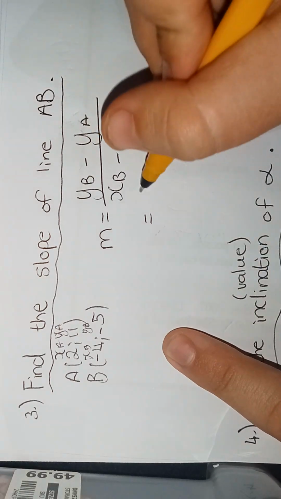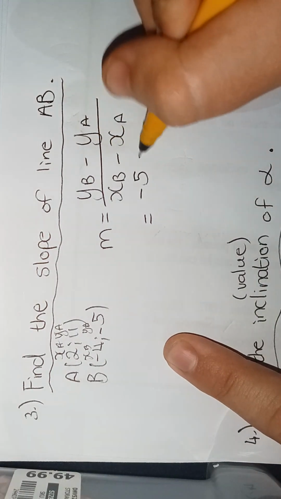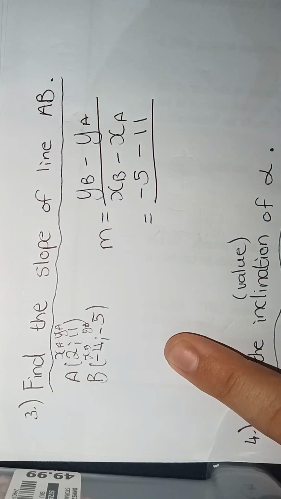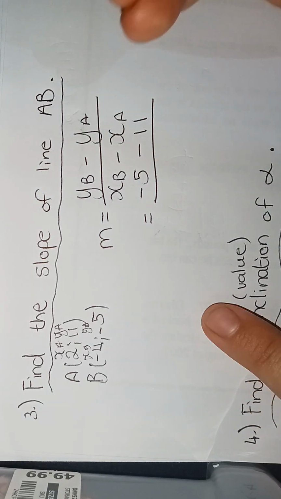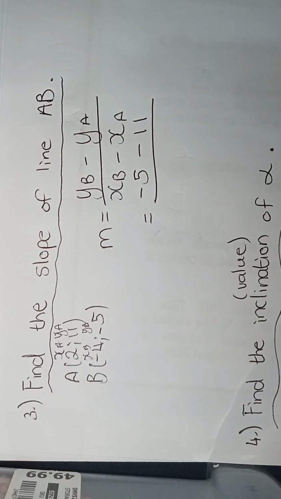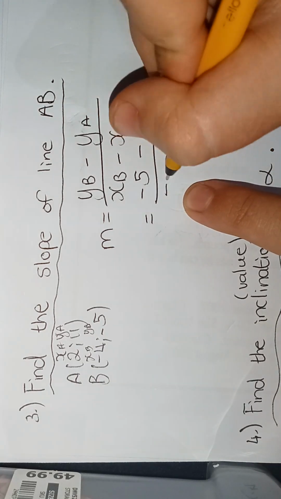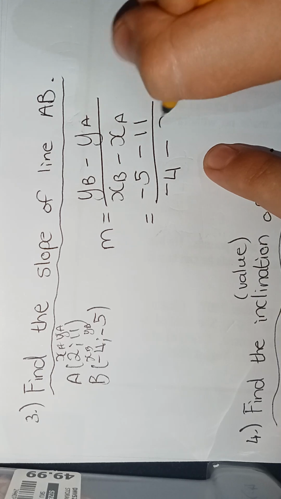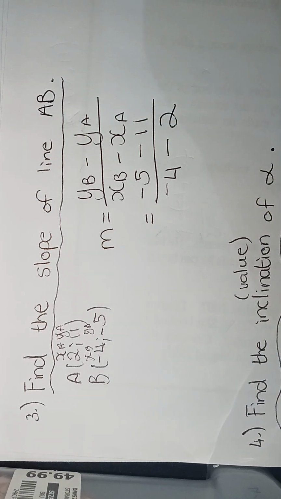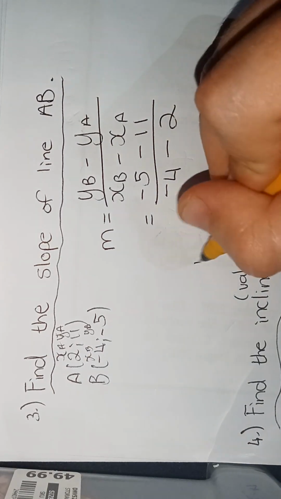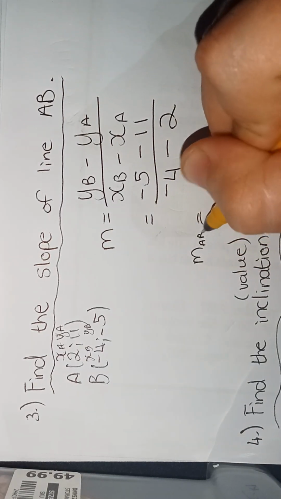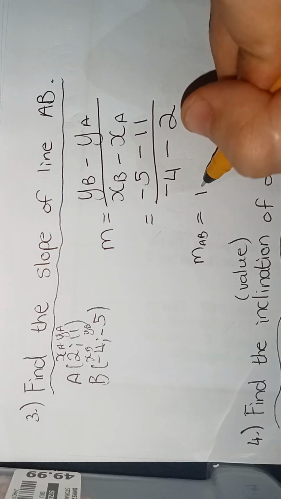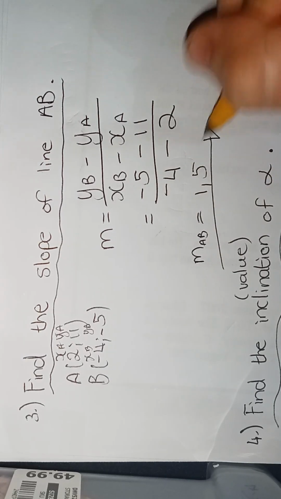Now our YB is -5, minus 11, divided by our XB, which is -4, minus our XA, which is 2, which means the slope of line AB is equal to 1,5.